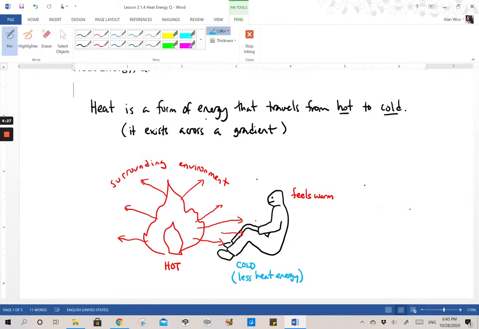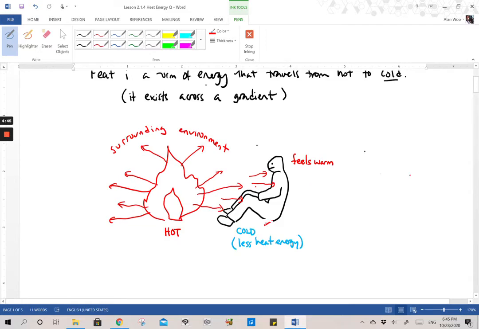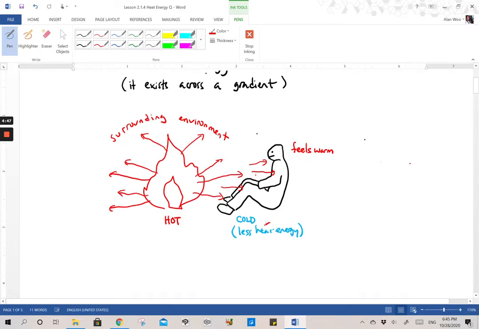And the reason for that is because of our heat gradient. As fire leaks out into the environment, okay, anything that's cooler than it will tend to absorb that heat, sorry. So if it's absorbing heat, we have a name for that, okay?